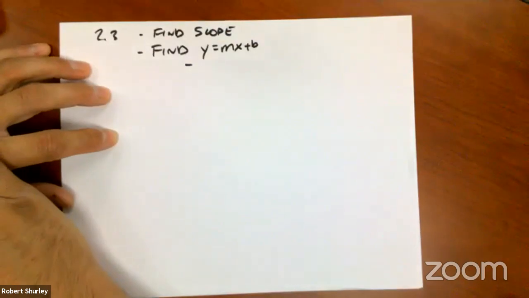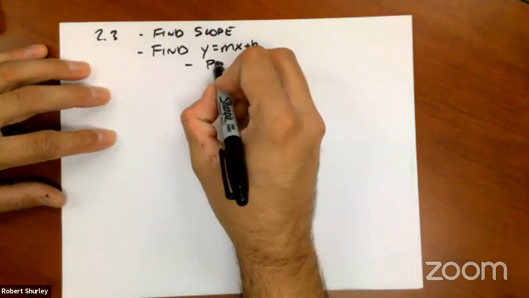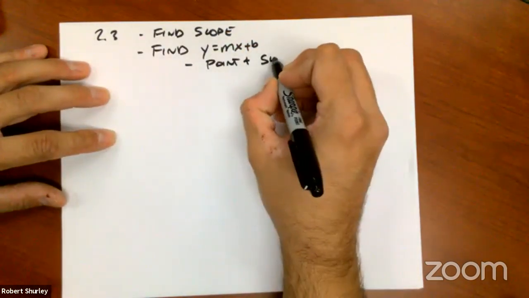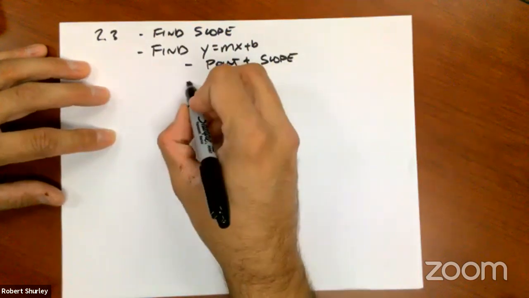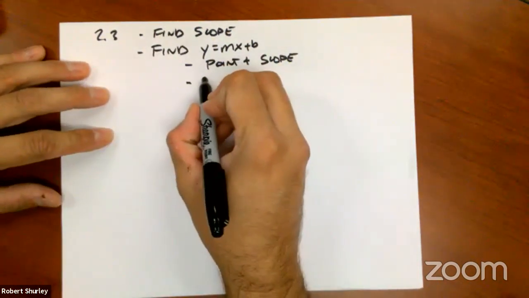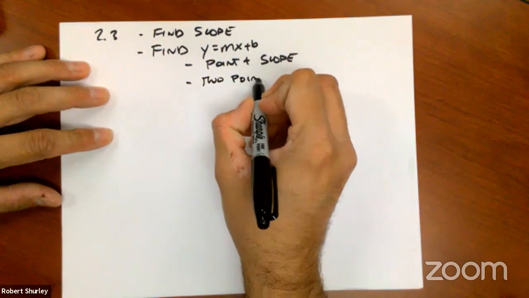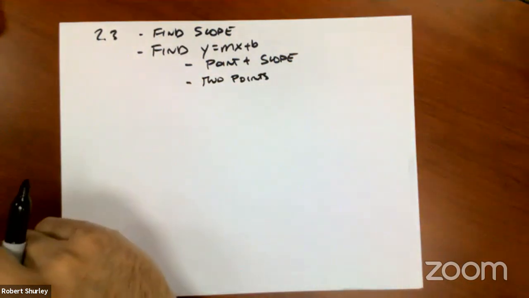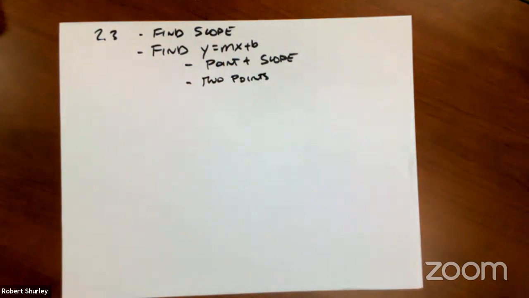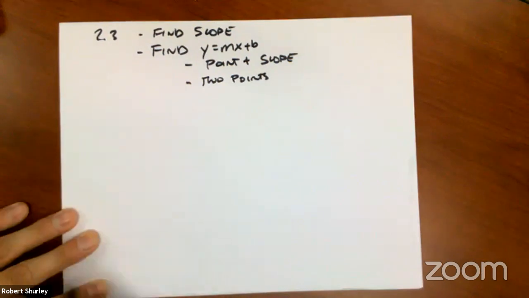Now, I'm going to give you two different things. First, I'm going to give you a point and a slope for one example, and then another one, I'm going to give you 2 points. So find slope and then find y equals mx plus b, given a point and a slope, and also given 2 points. I think that was all 2.3.